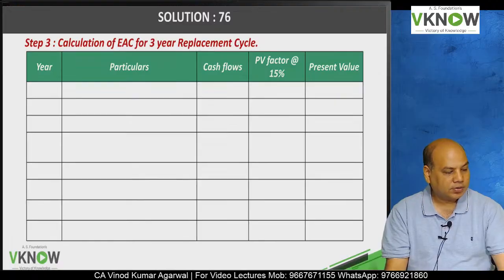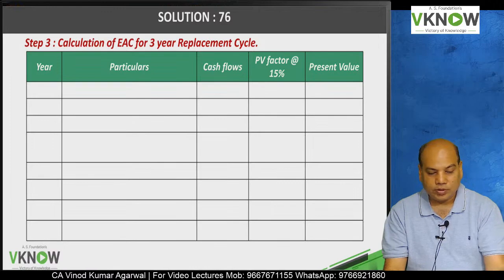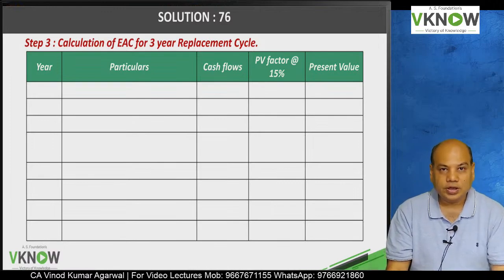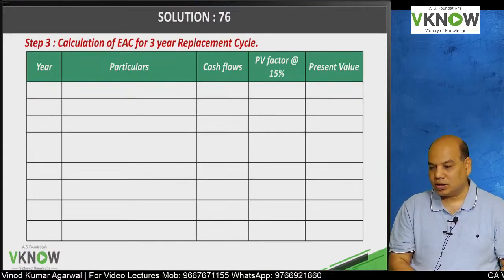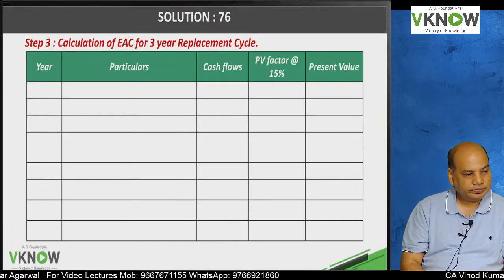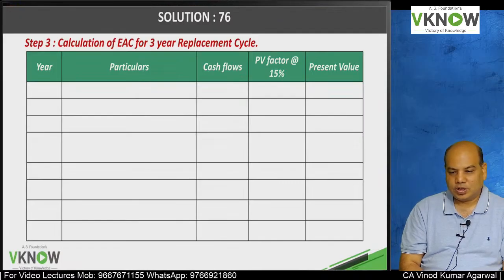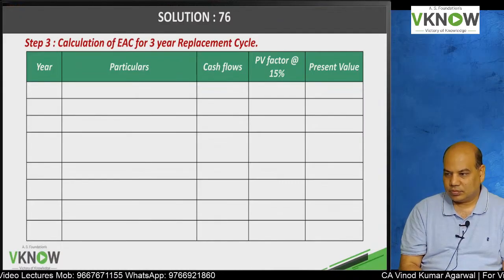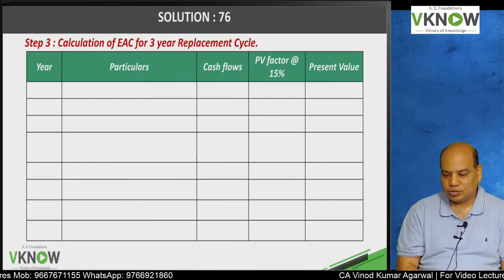Step 3. Now you can do it fast because you have learned the trick. Calculation of EAC for 3-year replacement cycle. Year, particulars, cash flow, PV factor at 15% and PV.